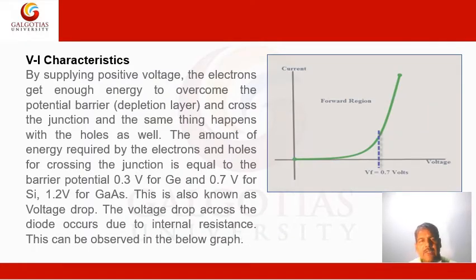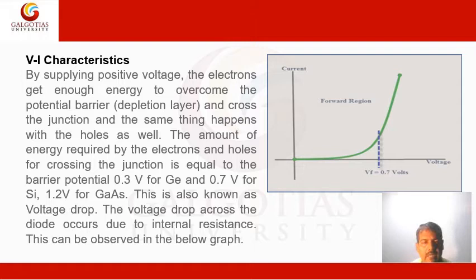VI characteristics of the PN junction diode means the voltage and current characteristics of the diode in the forward bias condition. By supplying positive voltage, the electrons get enough energy to overcome the potential barrier, that is the depletion layer, and cross the junction, and the same thing happens with the holes as well.